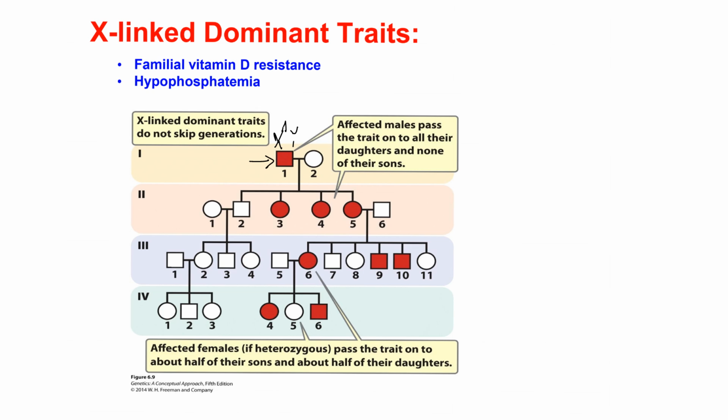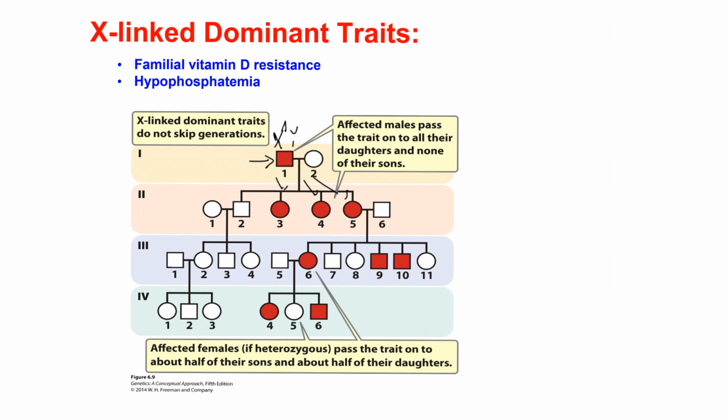So all his daughters receive this X chromosome, so all of them manifest the trait. What applies to X-linked recessive applies also here: he never passes the trait to his sons, because he always gives his sons the Y chromosome.